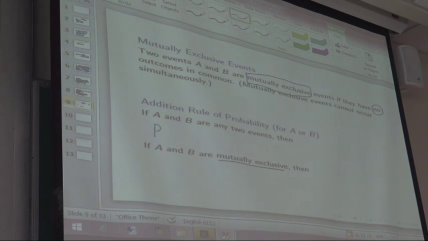So the probability of A or B, we actually use this symbol, probability of A union B, is equal to the probability of A plus the probability of B minus the probability of A and B. That is the formula, and this symbol, the U, looks like a U. That symbol is OR, and this symbol is AND.